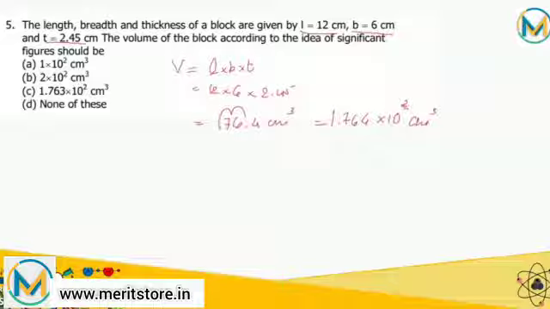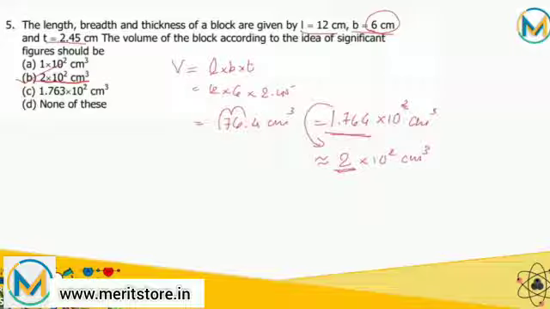So this 1.764 can be approximately taken as 2 into 10 raised to 2 centimeter cube. So we have converted our whole answer into one significant figure. The correct answer for this question is option B, that is 2 into 10 raised to 2 centimeter cube.